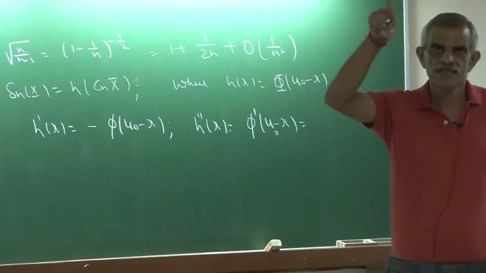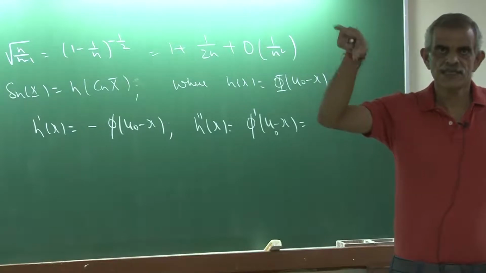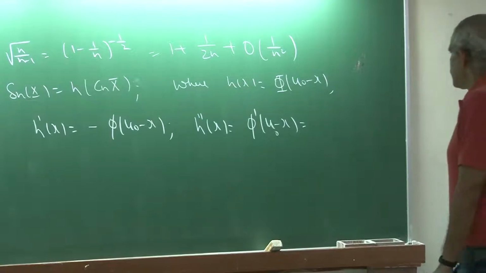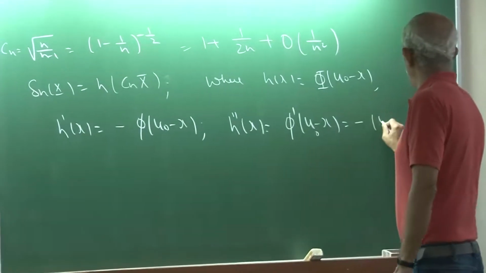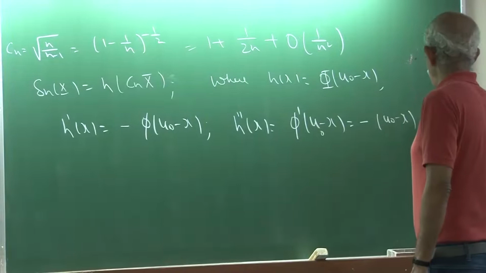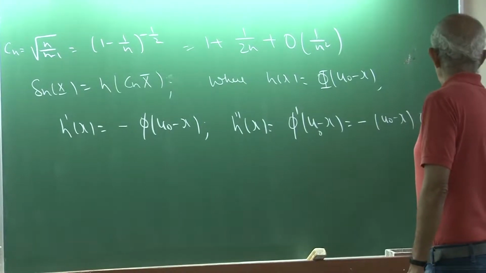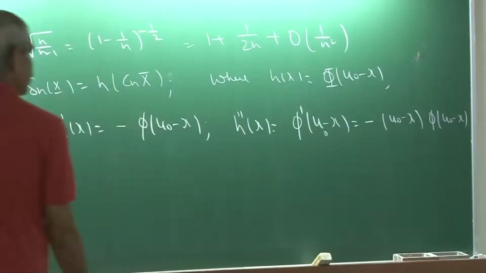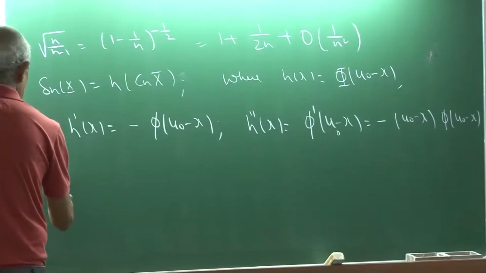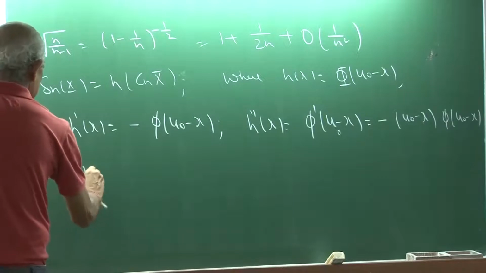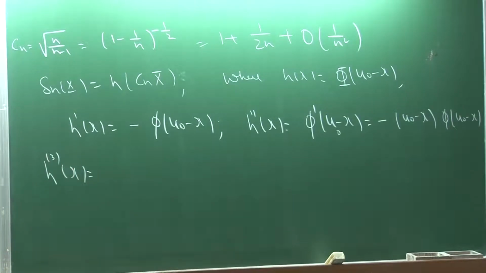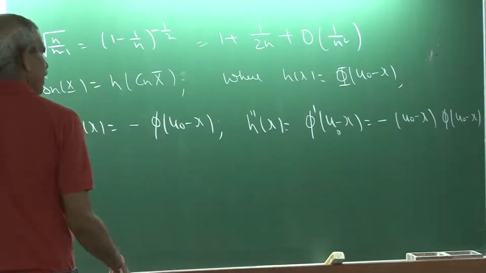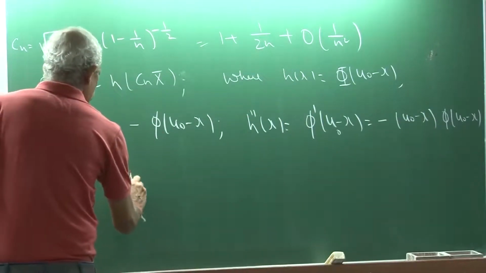When I take the derivative, e to the power minus t square by 2 remains as it is, and the derivative of minus t square by 2 gives me minus t. So this is nothing but minus of u naught minus x times phi of u naught minus x. I have to see the third or fourth derivative, so I go up to the third or fourth derivative. Let us see h3 x, the third derivative. I first differentiate this with respect to x, which makes it phi of u naught minus x.